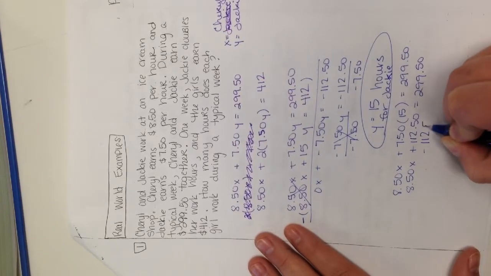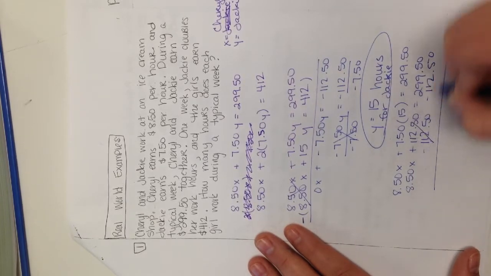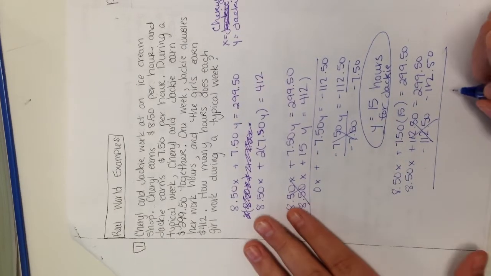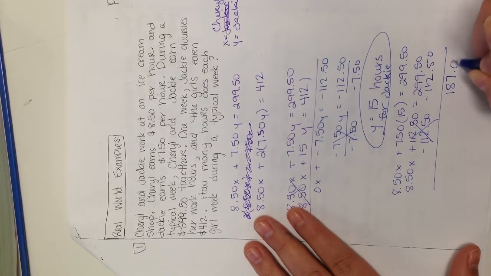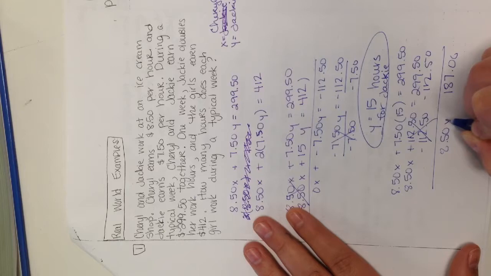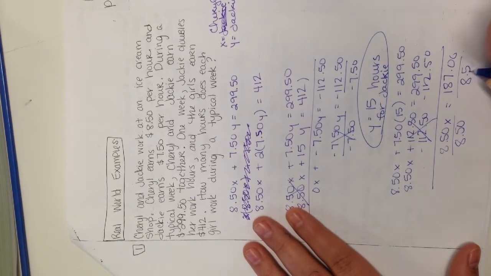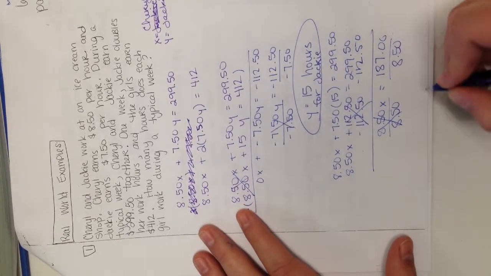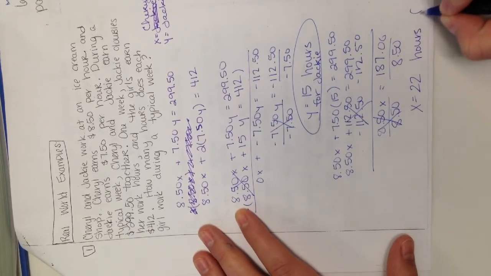Subtract that 112.50. And I get 187. Even. Divide by 8.50. And x is 22 hours for Cheryl.